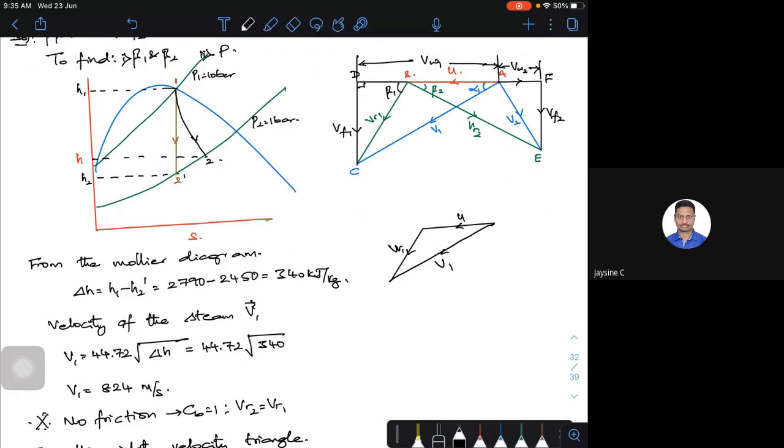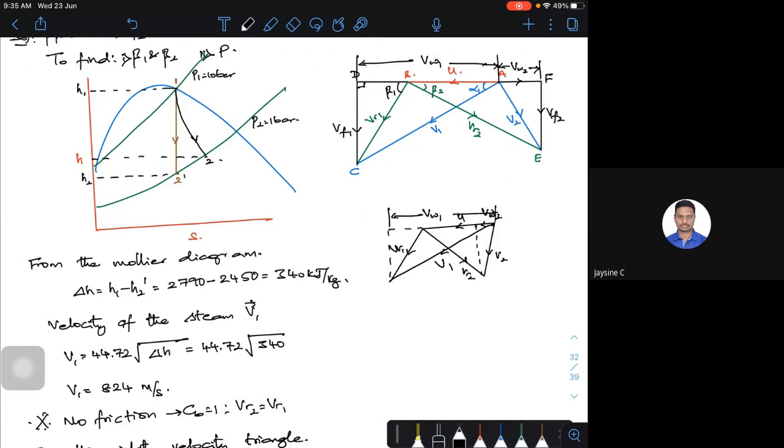Then this velocity will come in this direction, and this will be your VR2, and this will be your V2. Vw2 will be in this direction, because this is my Vw1. It is going to change.